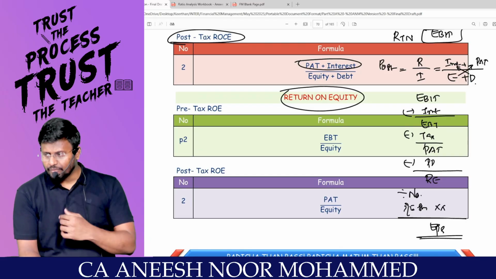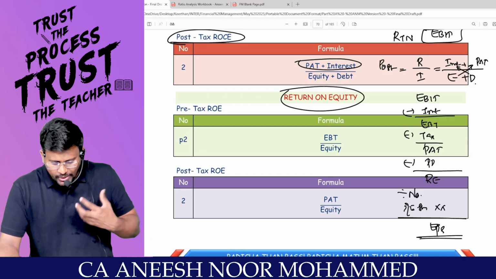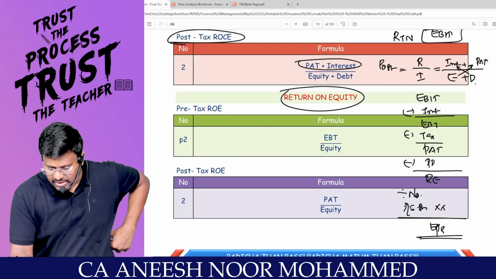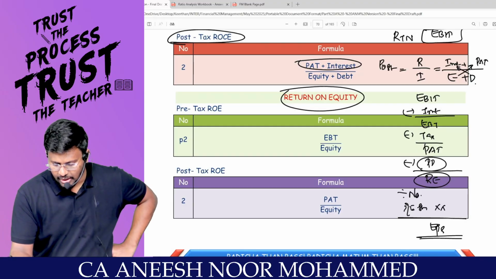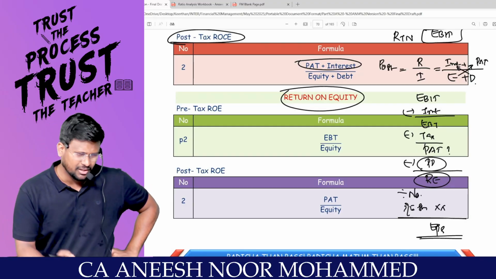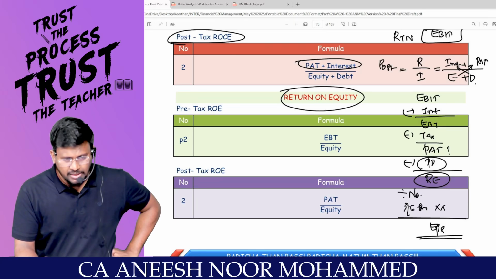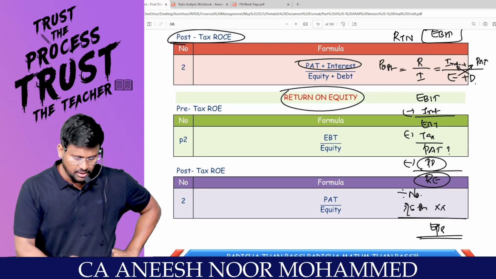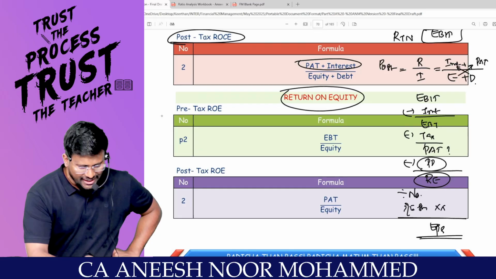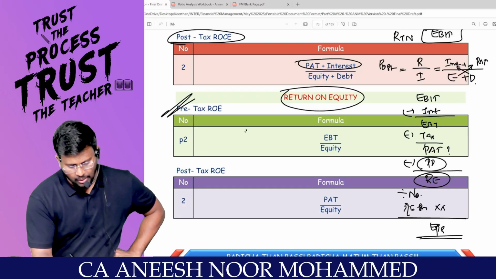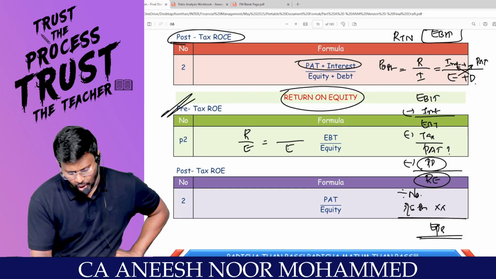So my dear students, my question is, what is the return on equity? Residual earnings, preference dividend, or PAT? For equity shareholders, residual earnings is the return, right? What is pre-tax return on equity? Return divided by equity. Denominator will be equity.